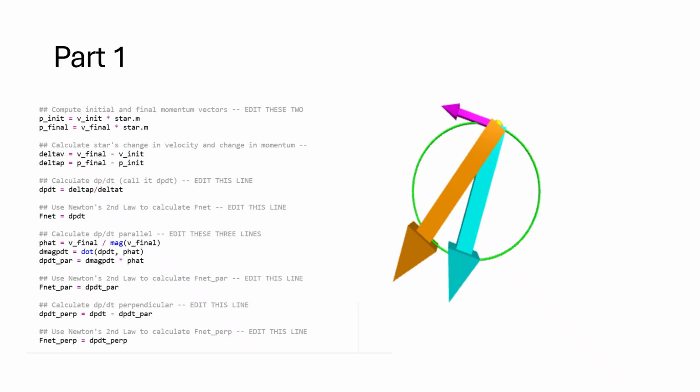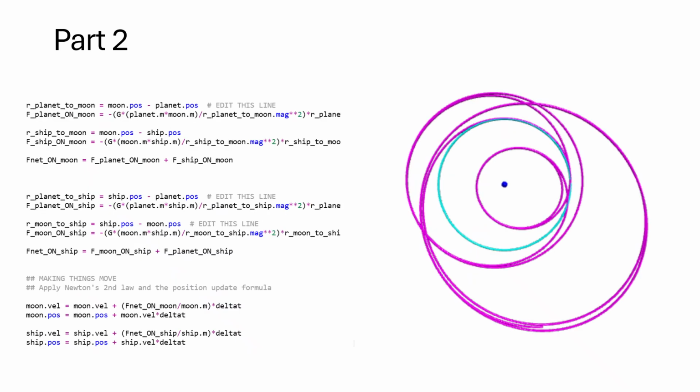In part two, we calculate the distance from the moon to the planet and the moon to the ship, and we calculate the universal gravitation of both, and then we add that to get F net on the moon.